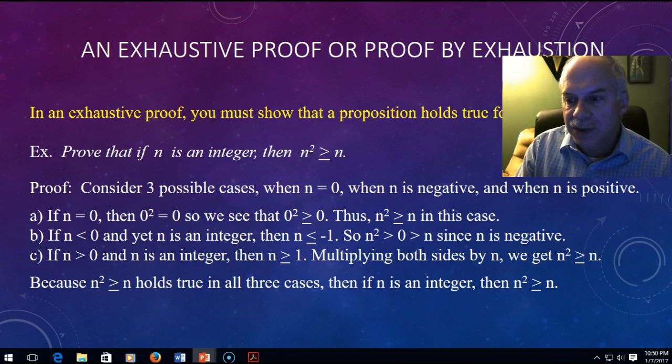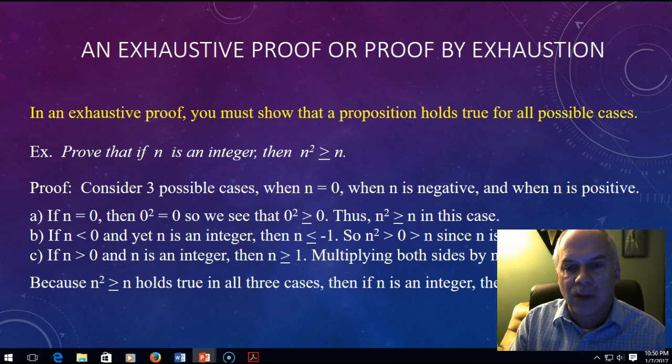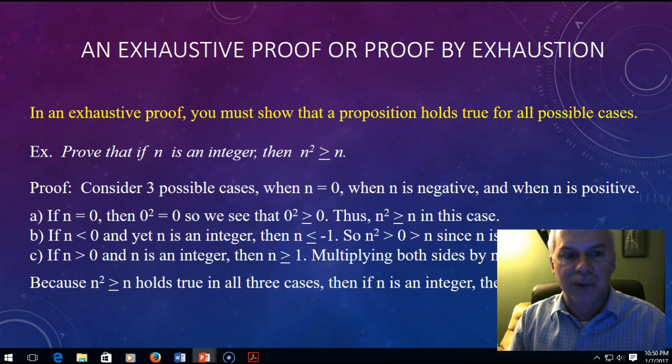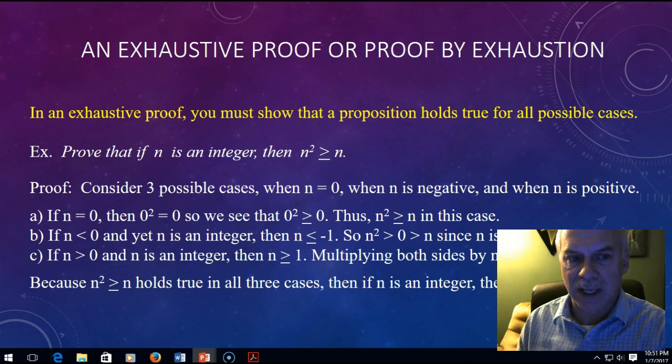Now, in an exhaustive proof, you have to show that a proposition holds true for all the possible cases that could be. All right? So if you wanted to prove that if n is an integer, then n squared is greater than or equal to n.